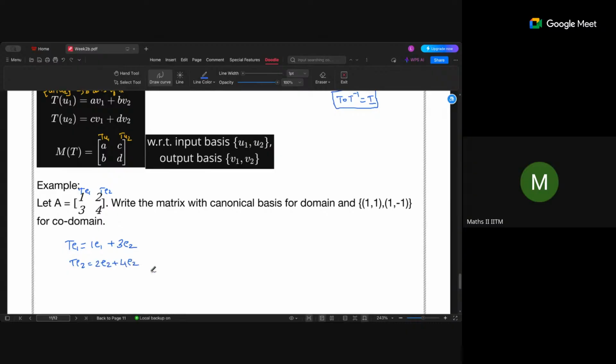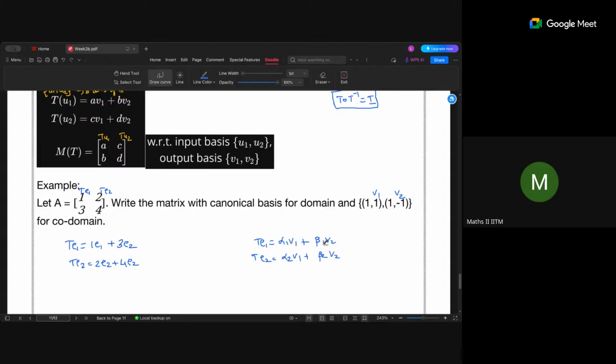Now let's call these V1, V2. What they want us to do is write T(E1) as alpha 1 V1 plus beta 1 V2, and T(E2) as alpha 2 V1 plus beta 2 V2.